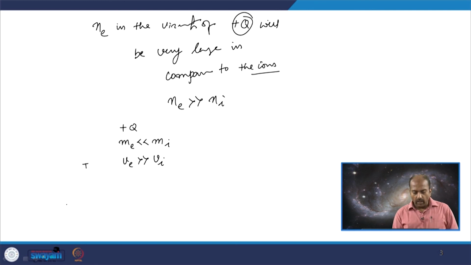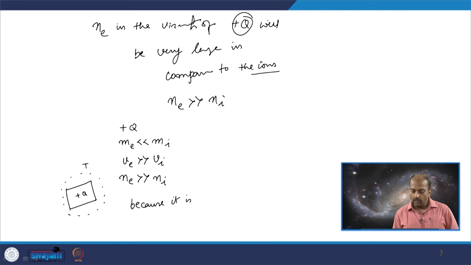As a result, within this limited space surrounding the positive charge, not the entire cloud, the number of electrons is very large in comparison to the number of ions, because it is a cloud of negative charges, not positive charges.